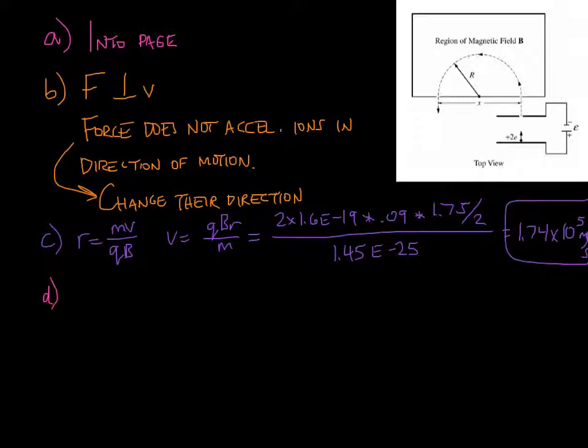Part D. Calculate the accelerating voltage, the EMF, needed for the ions with charge 2e to attain the speed you just calculated. So you're doing a conservation of energy, turning the potential energy from the charge accelerating through a potential difference into kinetic energy. So U initial is equal to K final.